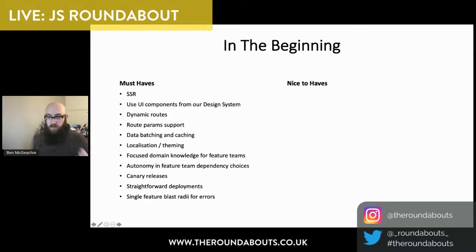We also looked at the things that would be nice to have, but weren't an absolute necessity. So our nice to haves, routing control by an external source or service, being able to alter the site structure and composition without having to update front-end code base would be just dandy. Framework agnostic. It would be really good to be able to pivot any front-end framework technologies without having to completely overhaul every piece of the system.